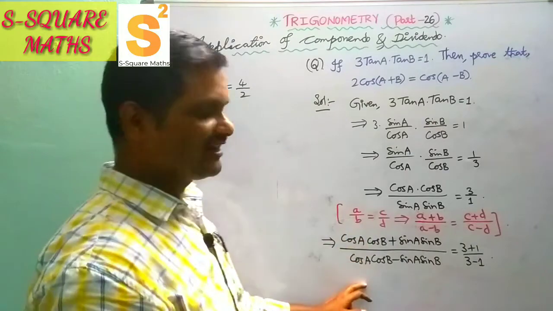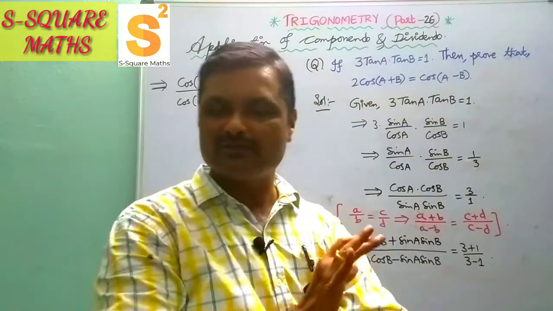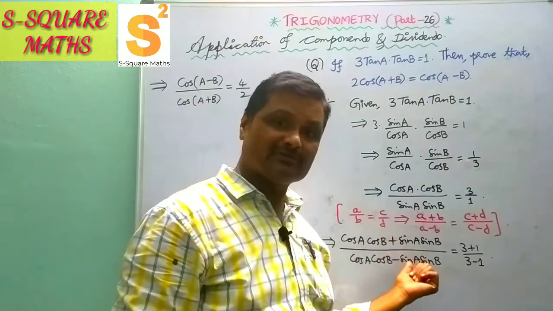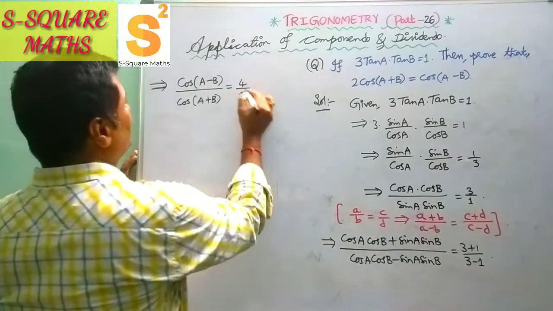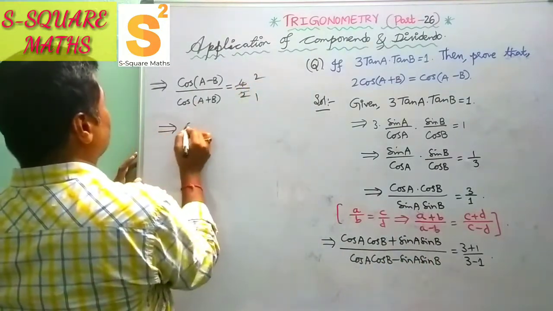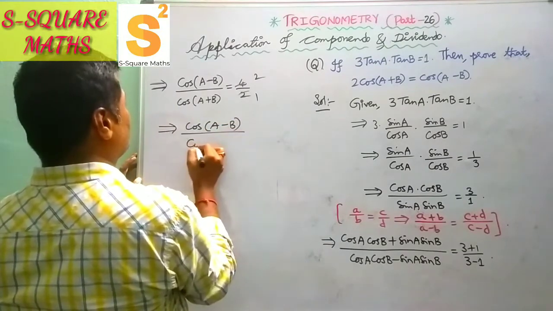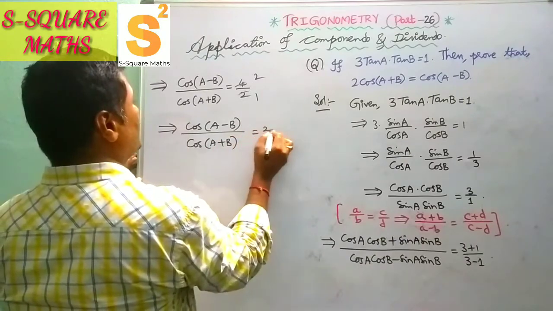So be aware while writing: cos A cos B plus sin A sin B is cos of (A minus B), but not cos of (A plus B). They are different, so please keep it in mind. So this implies cos of (A minus B) by cos of (A plus B) is equal to 2 by 1.